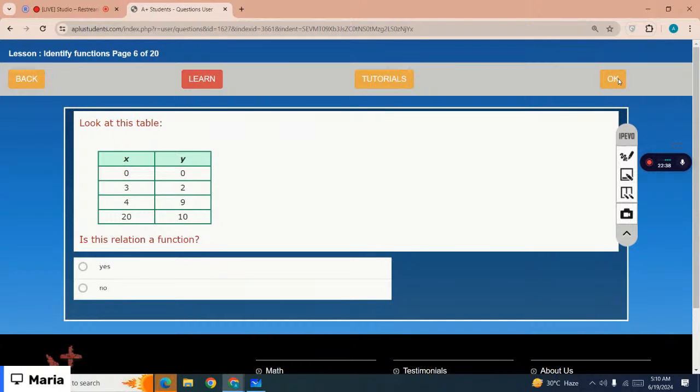Look at this table. Is this relation a function?